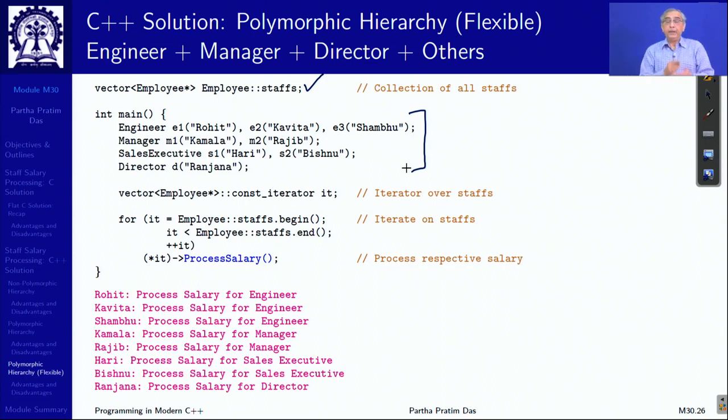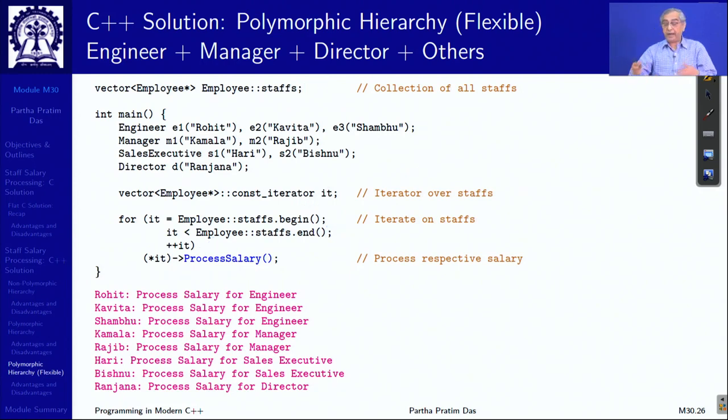Then finally, I have to go over this vector. So, what I do is the standard vector mechanism. I will construct a constant iterator. Why constant? Because I do not expect to change any employee object, just process that. So, I go from begin up to end, incrementing with plus plus, and on every item I will call process salary.